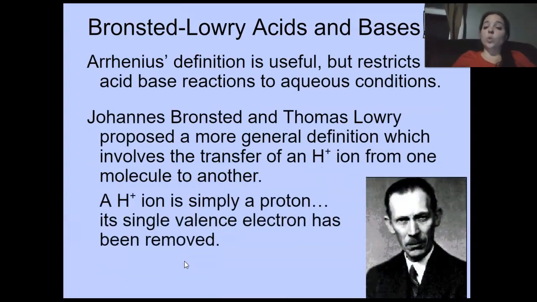Arrhenius is useful but restricts acid bases to aqueous conditions only, whereas Johannes Bronsted and Thomas Lowry proposed a more general definition which involves the transfer of hydrogen ions from one molecule to another, where a hydrogen ion is simply a proton, its single valence electron having been removed.